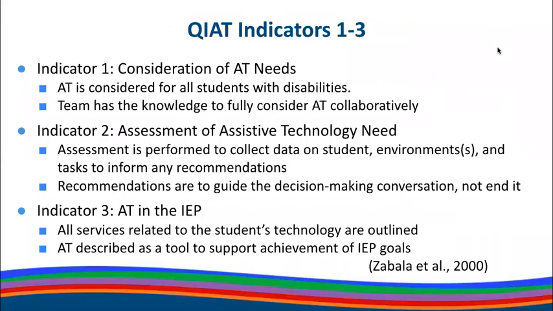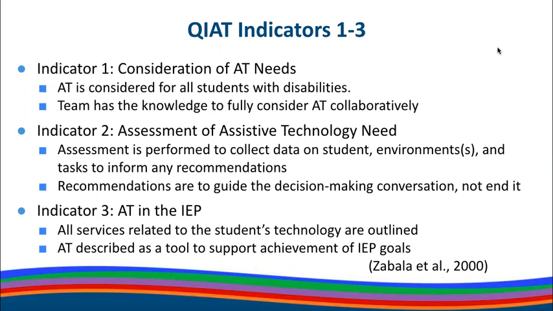One way to evaluate your school or district's process is to use the quality indicators for assistive technology. The first few assistive technology quality indicators really take a look at AT consideration and the evaluation and implementation process.